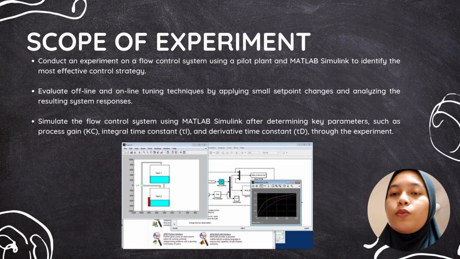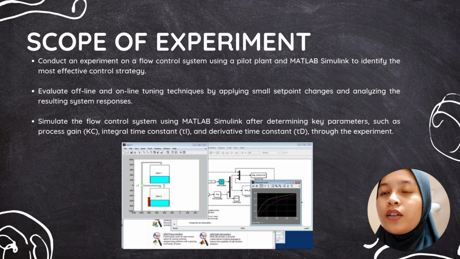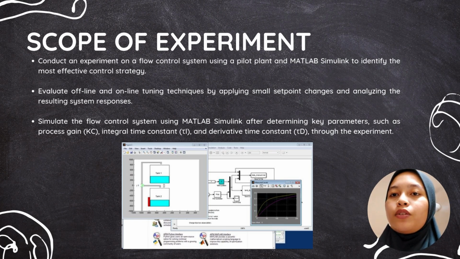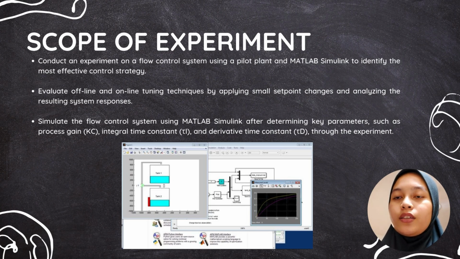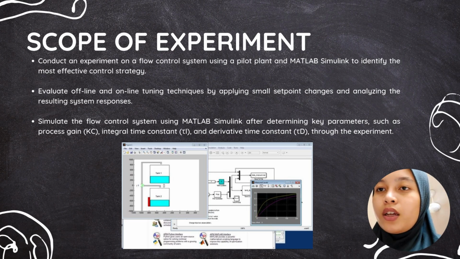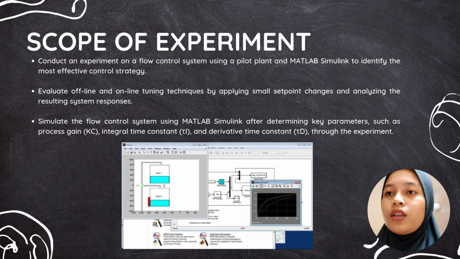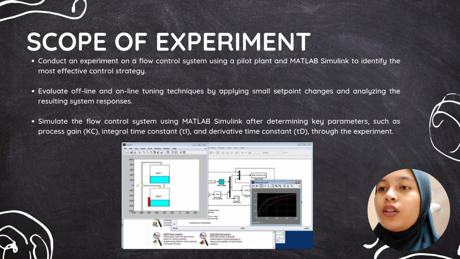The third is to simulate the flow control system using MATLAB Simulink after determining the key parameters such as process gain, integral time constant tau i, and derivative time constant tau d, and prove the experiment.